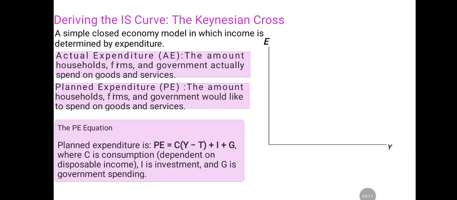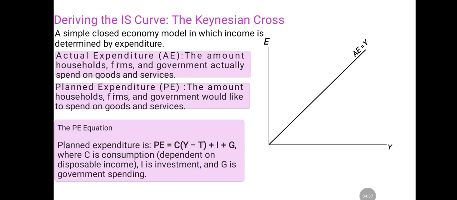Consumption is a function of disposable income, written here as Y minus T. Y minus T is disposable income, which is income after deduction of tax, while the investment and the government expenditure are constant here.